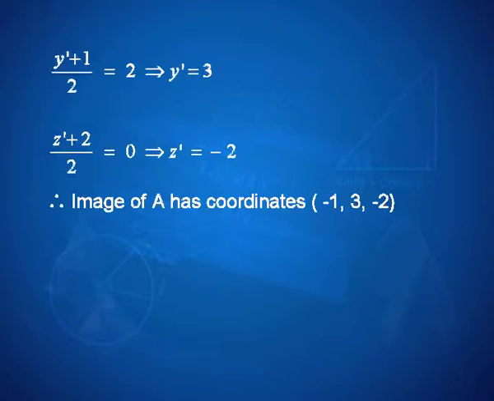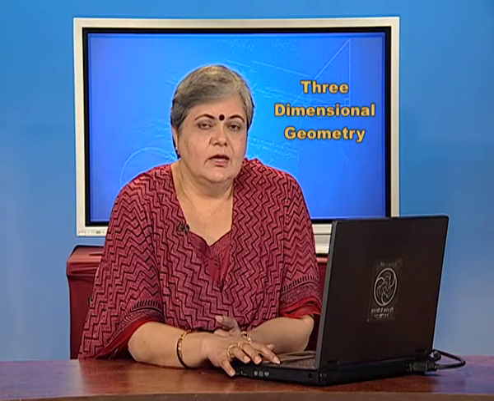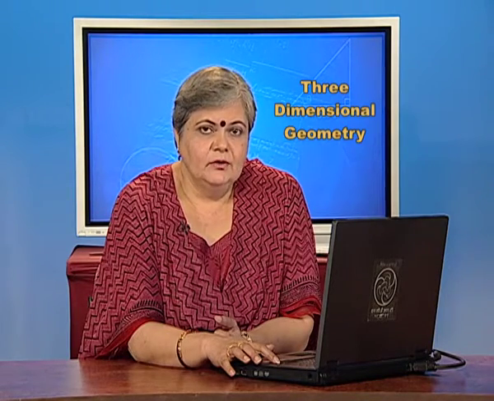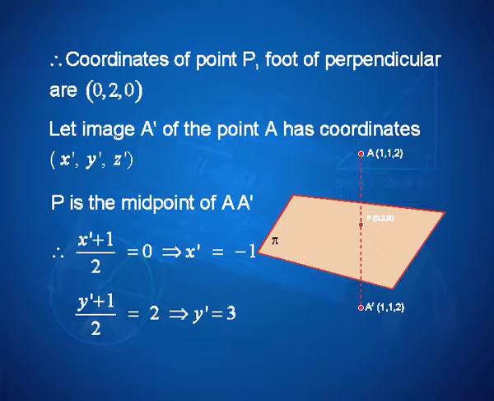Similarly, I have y dash and z dash. Using the simple understanding that the image is formed equidistant from the plane and that AA dash is perpendicular to the plane, we have the coordinates of the image as -1, 3, -2.